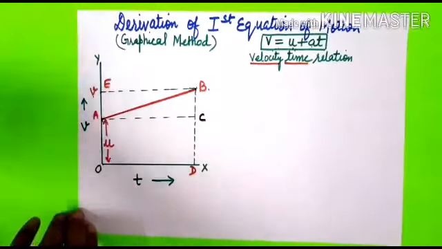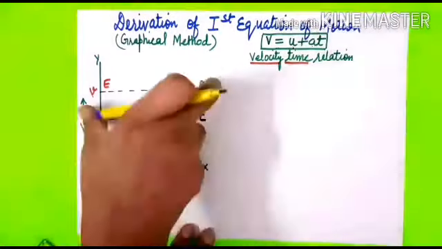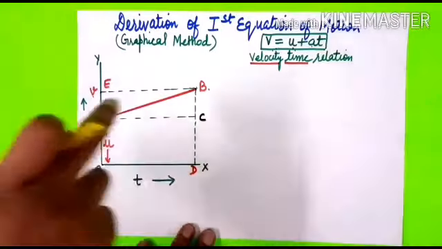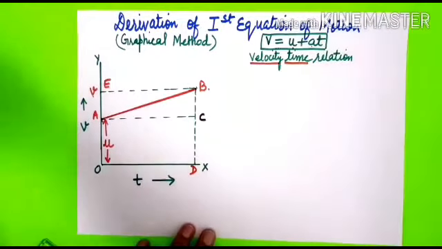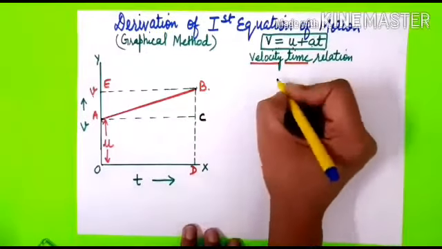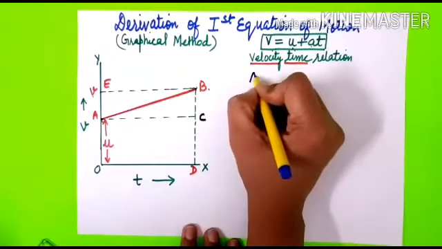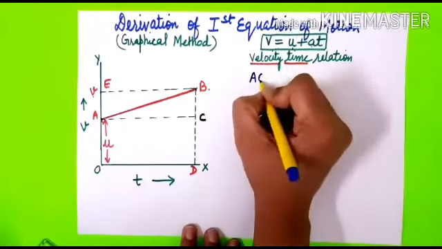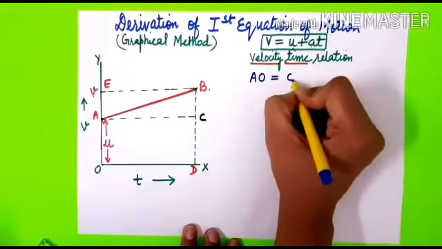In order to derive the equation, first we explain the graph, because we are going to derive the equation with the help of the graph. So first we have to explain the whole graph. Now watch carefully. AO is equal to CD.